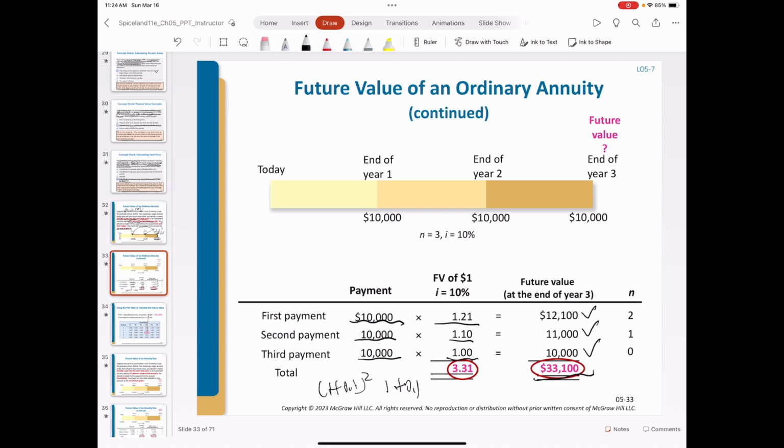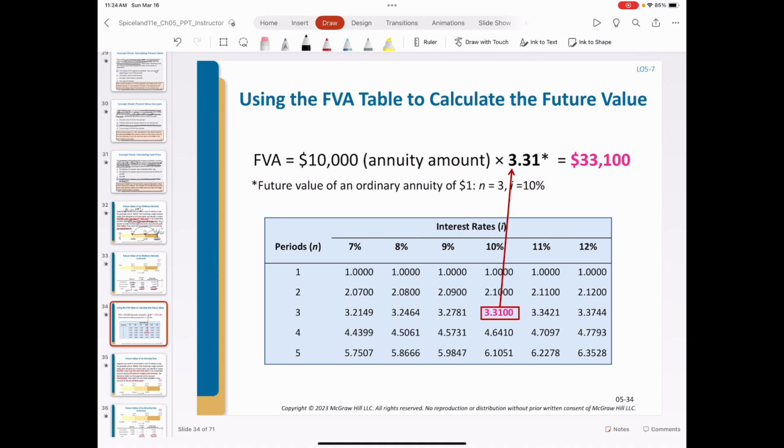So instead, similar to the prior example with the single sum, we use a table. Since the payments are the same, $10,000, we just use the payment multiplied by the future value factor of an ordinary annuity. What table do you look up? Ordinary annuity, future value. So the future value of an annuity is this equation.